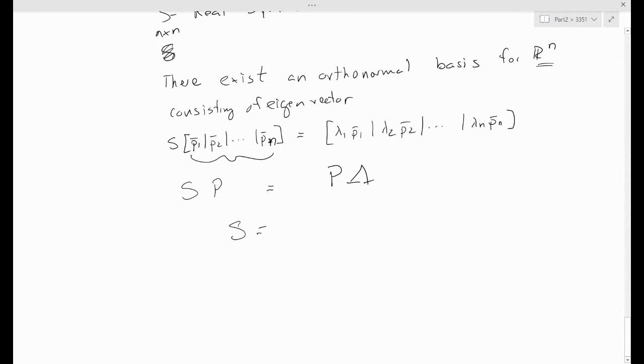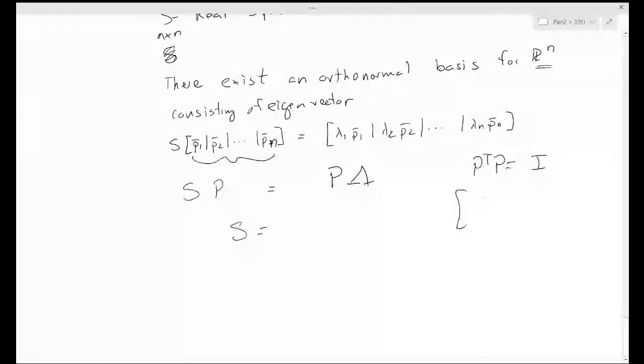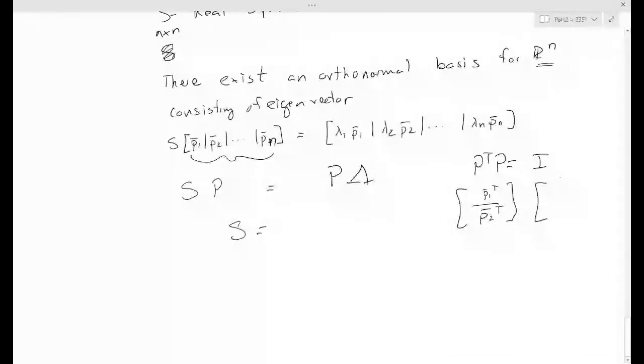So then, right, P transpose times P would be the identity, because the eigenvectors are mutually perpendicular. Let's just look at two of these. And they're orthonormal, so they have unit length.